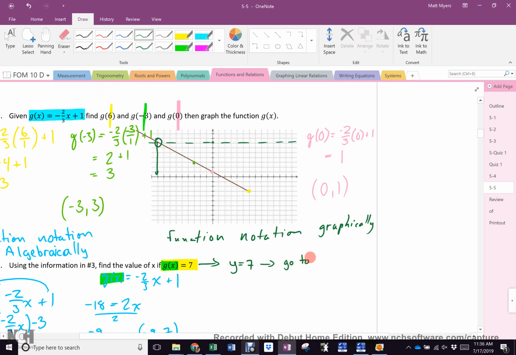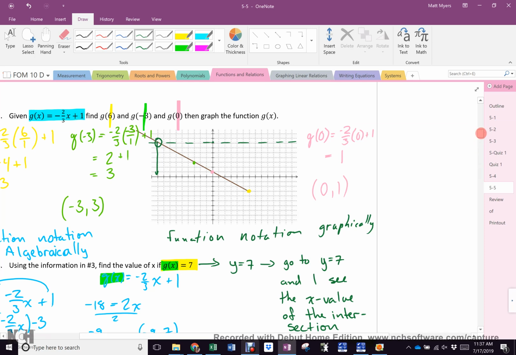I go to y equals 7, and I see the x value of the intersection where the line I want, y equals 7, hits the line I have, -2/3 x plus 1. Everybody good? Algebraically and graphically? I hope so.